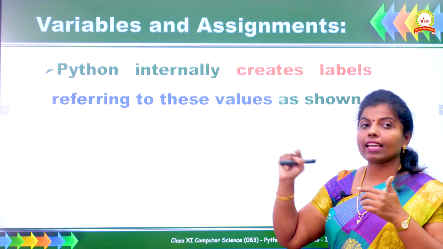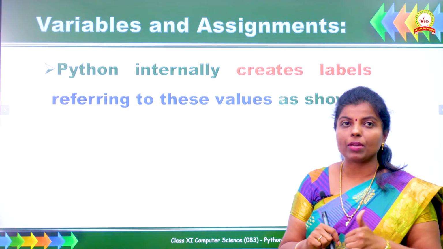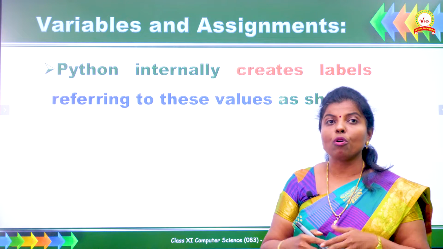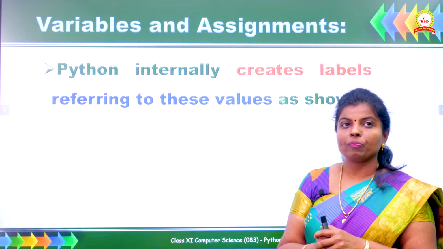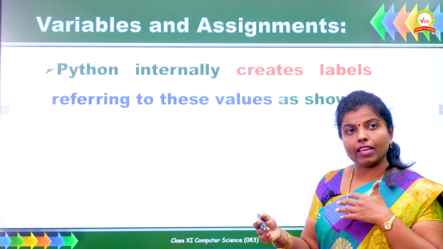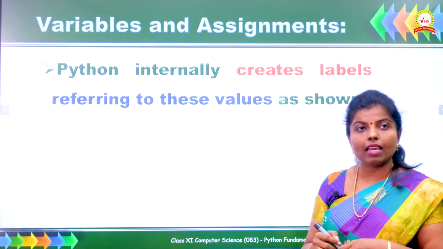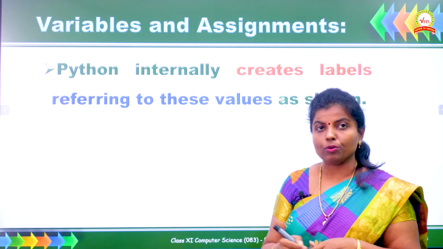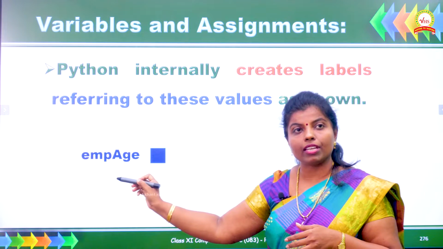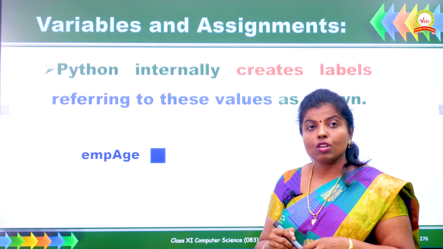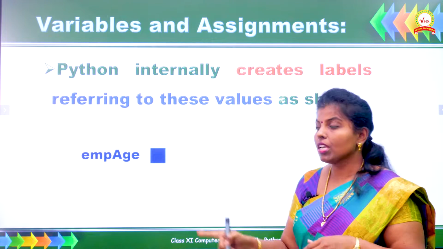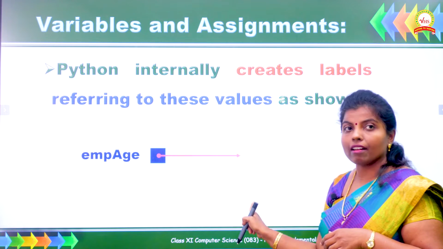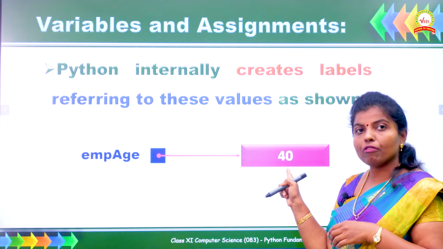Now when I create the variable emph and assign the value, what happens? We must know how Python treats them internally. Whenever we create a variable, Python creates a label referring to these values. Python creates a label for this variable emph, and this label will reference the place where 40 is stored.